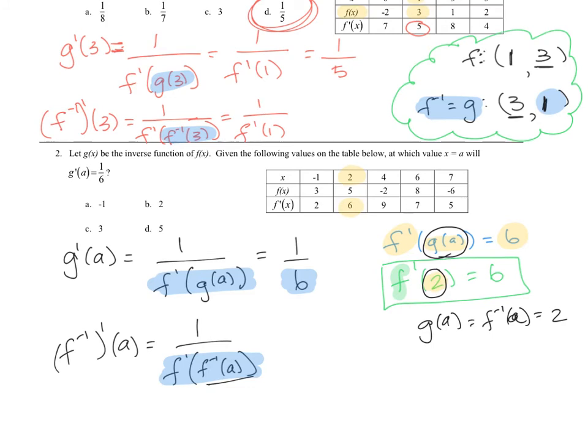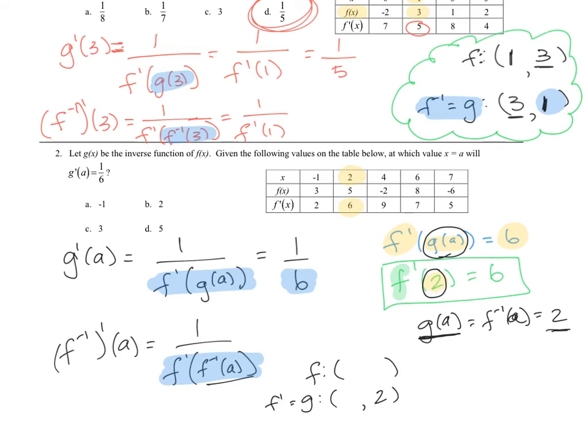And again, I'm going to go back to this ordered pair idea. So f inverse, which is the same as g, this tells me that the output of the g function is 2. So this time I'm going to put the 2 in the output spot.